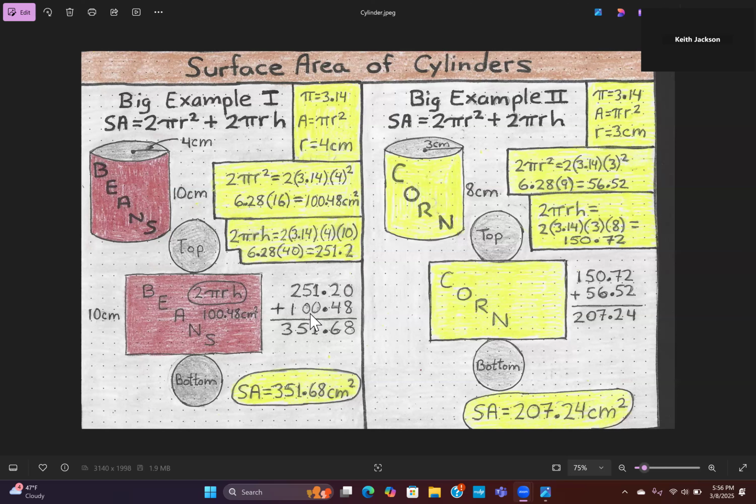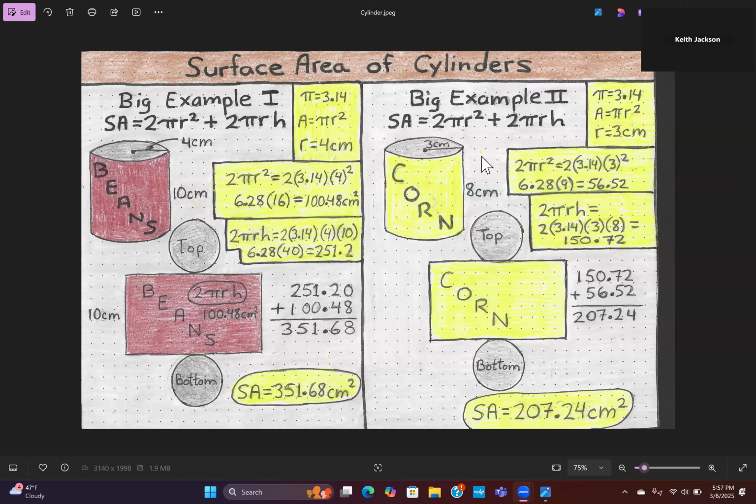When we add 251.20 plus 100.48, we get 351.68 centimeters squared. So the surface area for this can of beans is 351.68 centimeters squared. Let's go on to the surface area of this corn can.